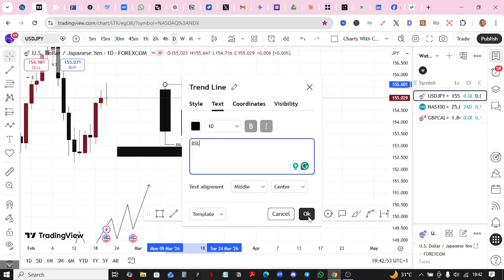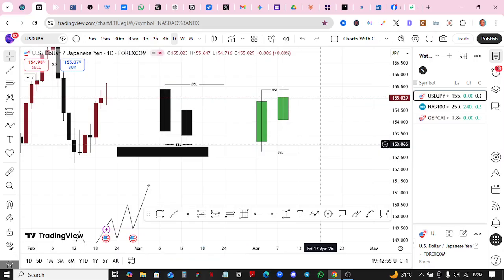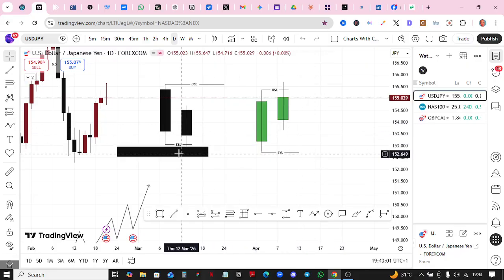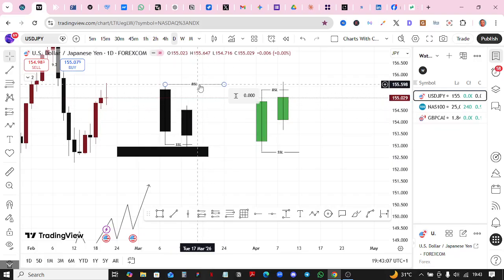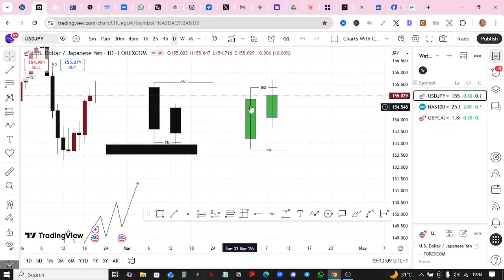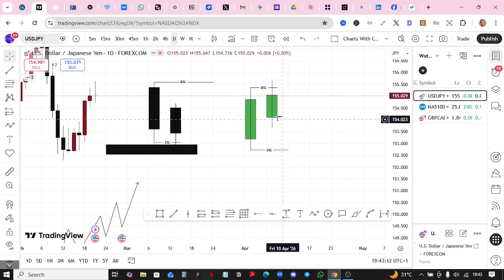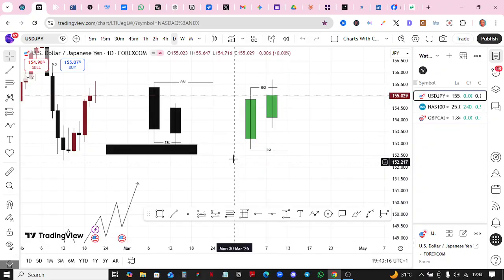Okay, so the market moves from liquidity to liquidity, from sell side to buy side to sell side, right? So now we've taken the sell side. This for a bearish scenario, we've taken the sell side, so the next point price will be targeting is the buy side liquidity. The same thing for a bullish scenario. Once we've taken the buy side, the next place price will be targeting is the sell side liquidity.